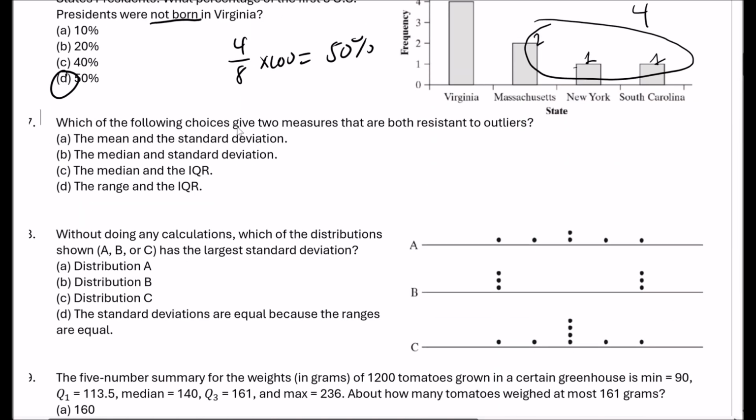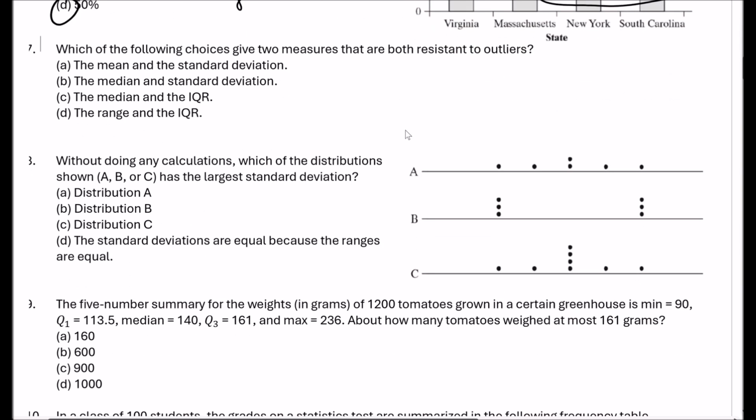All right, which of the following choices gives 2 measures that are both resistant to outliers? All right, so 2 measures that are resistant. So resistance to outliers. Based on what we did before, if you look at the mean and the standard deviation, the mean is not resistant to outliers.